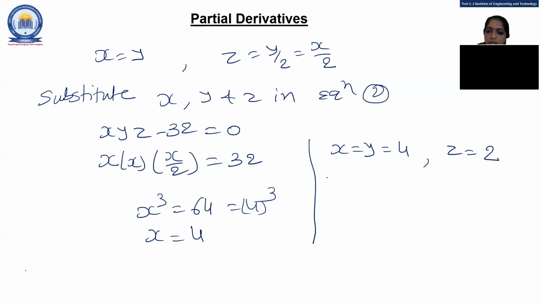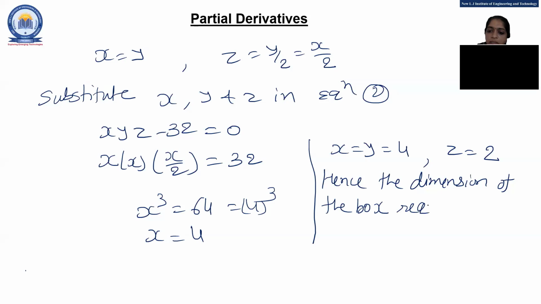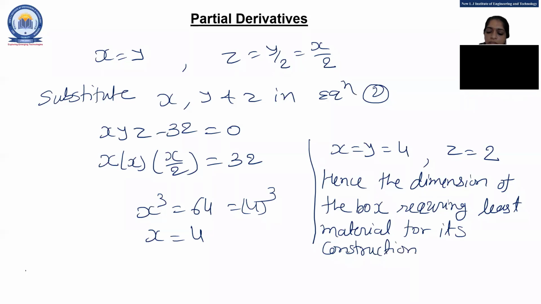Here the dimensions of the box requiring least material for its construction are 4, 4 and 2. X is 4, y is 4 and z is 2.